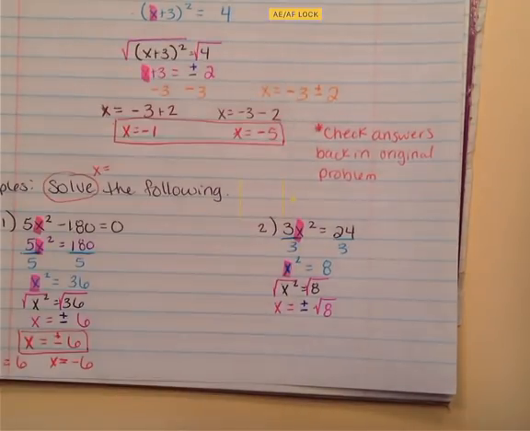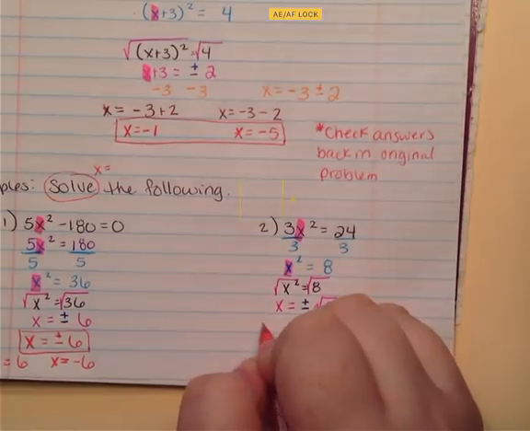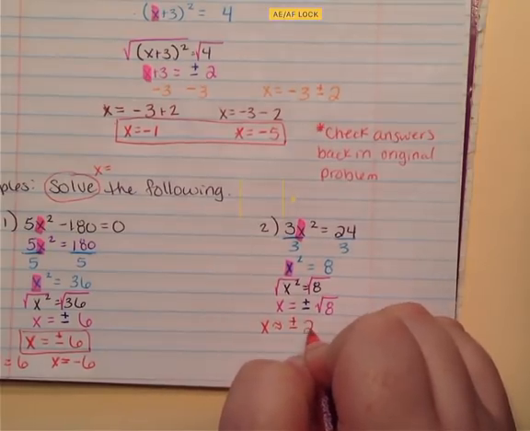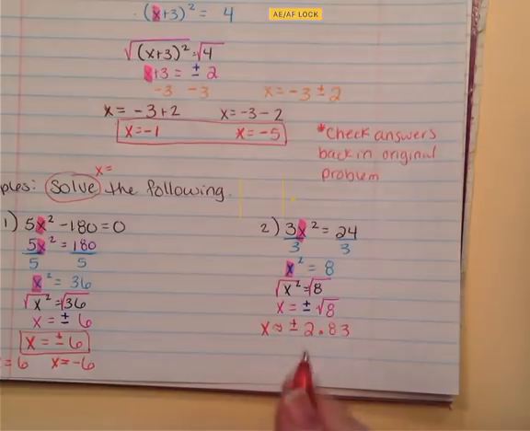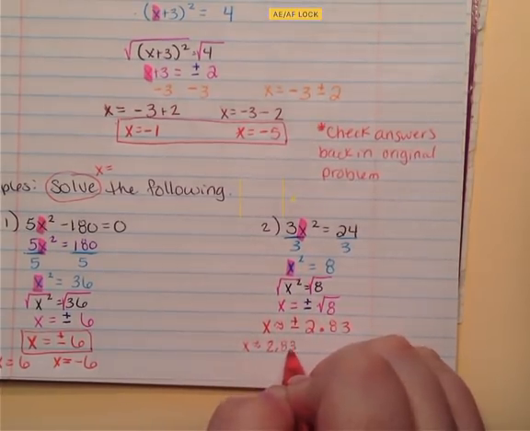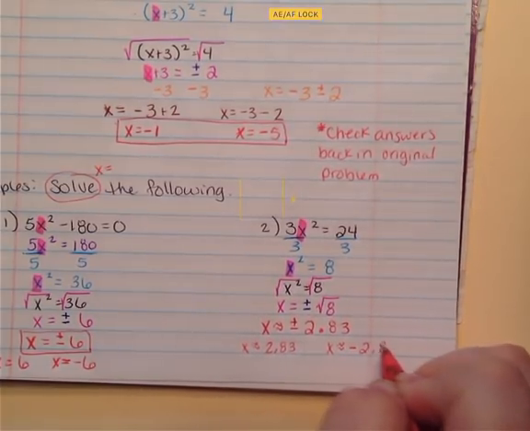So in this case, we could actually just say our answer is x is approximately plus or minus 2 and 83 hundredths. So again, what that means is we have x is approximately positive 2 and 83 hundredths, and x is approximately negative 2 and 83 hundredths.